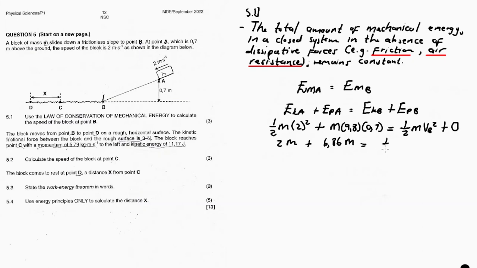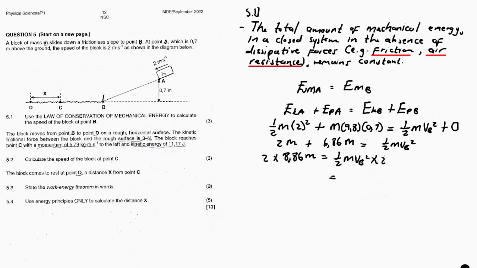So here it's half m VB squared. 2 plus 6.86 is 8.86 m, equal to 1/2 m VB squared. Multiply both sides by 2 so that we eliminate the fraction.